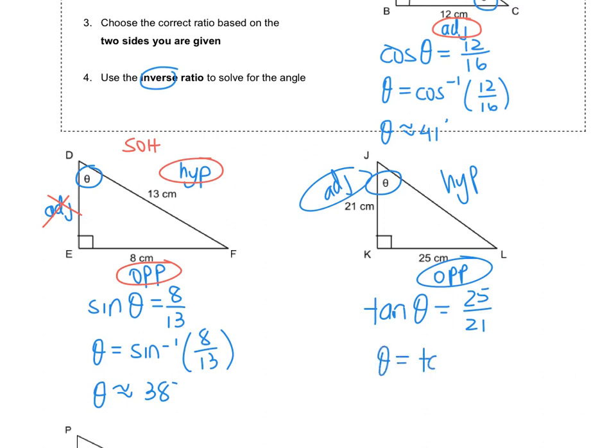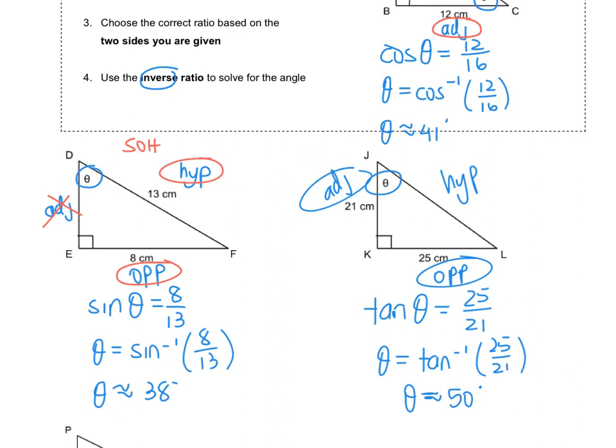And now you will take the tan inverse of your fraction. And for tan, it's okay if the fraction is greater than 1 because there's no limitations on opposite and adjacent. Neither one has to be greater than the other. And now when you take your tan inverse, hopefully you got approximately 50 degrees. And for angles, I usually want it to the nearest whole number unless I state otherwise.